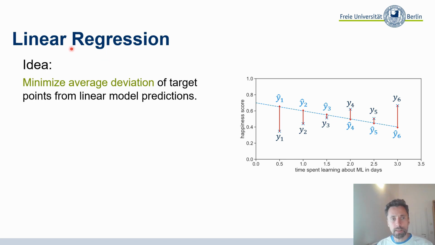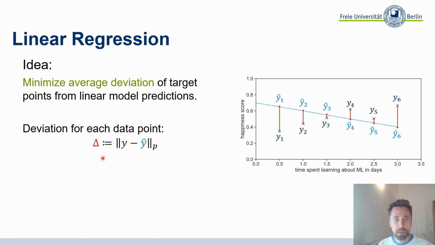So the idea in linear regression is that we minimize the deviations of our predictions to the respective labels that we have. And we average all these predictions into a single number. And this number is supposed to be minimal.